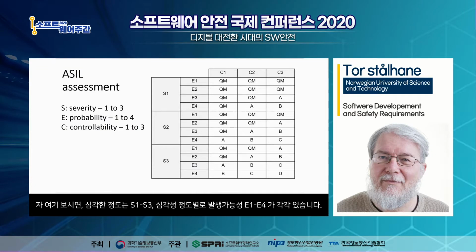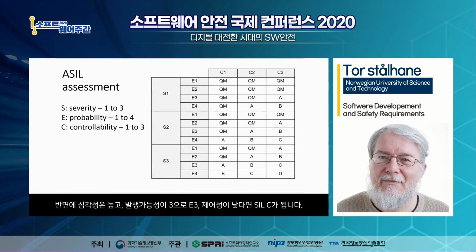So you see here we have the severity, S1 to S3, and for each severity there is a probability, E1 to E4, and there is a controllability, which is these columns. So say if you have medium severity, medium probability, and high controllability, well, it's just a matter of quality management.